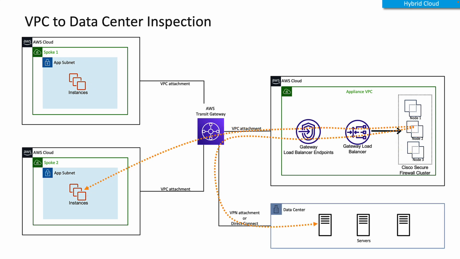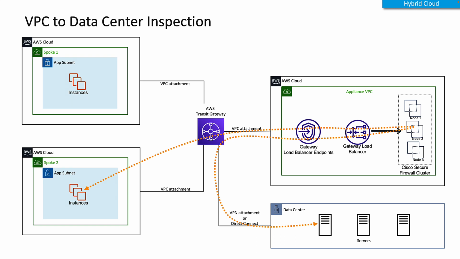There is another important traffic flow where you have your data center connected to your cloud environment, which is a hybrid cloud model. In this example, the transit gateway is sitting in the middle, connected to spoke VPCs using VPC attachment, and your data center can be connected using VPC attachment or Direct Connect. In most cases, we have seen Direct Connect because that's how customers prefer connecting their data center back to their AWS infrastructure.